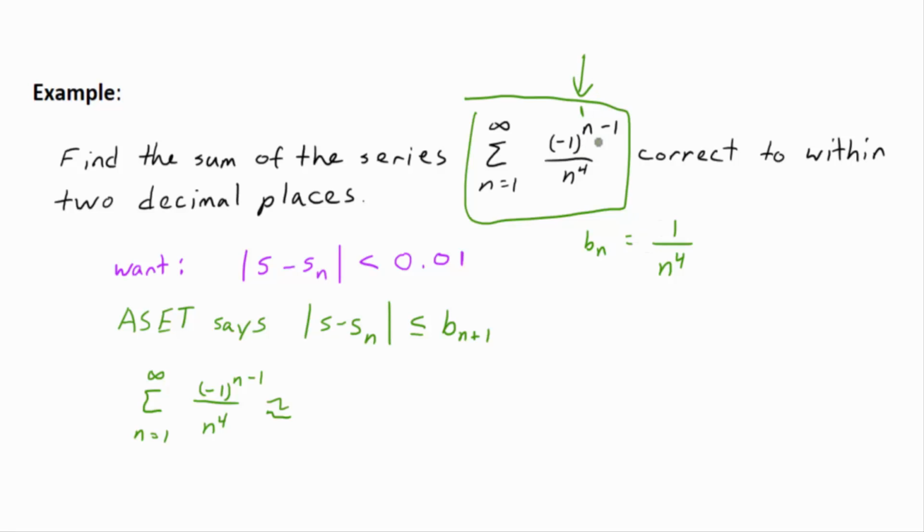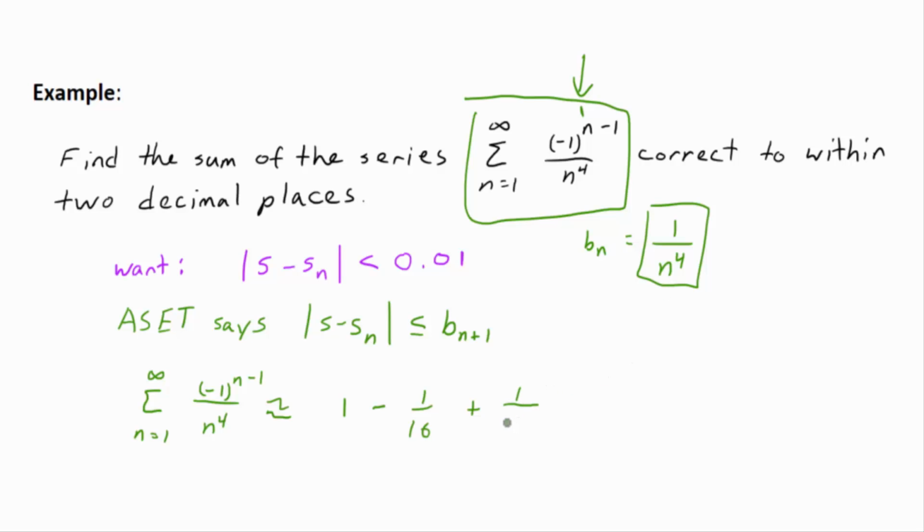Just positive 1 over 1 to the 4th, which is 1. And then the next term has to be minus. And you plug in 2 to get the next term. So what's that going to be? 1/16. And then the next term will be positive, and you're going to plug in 3. So what do you get there?